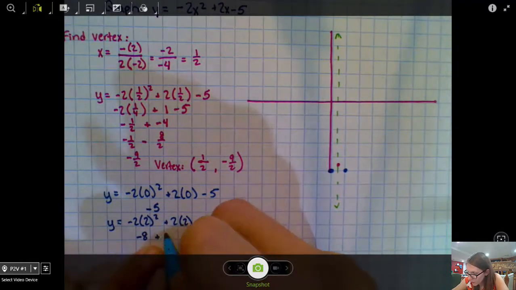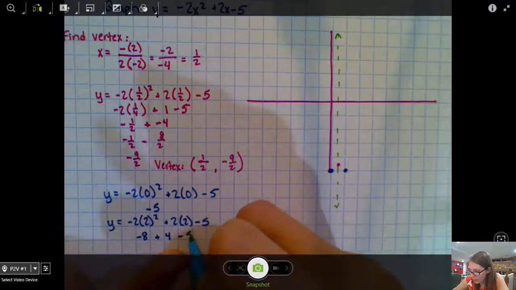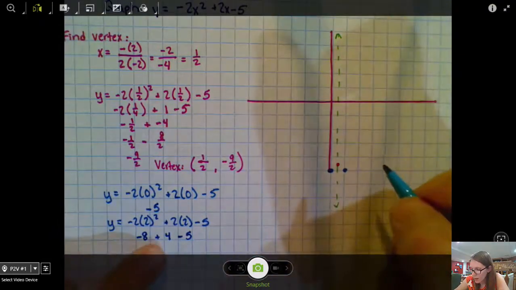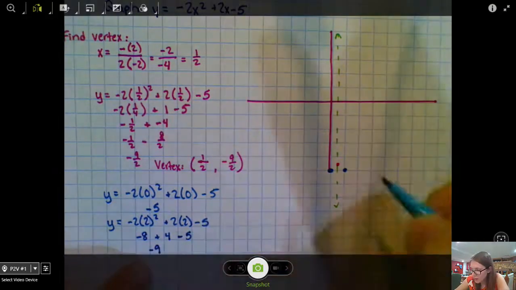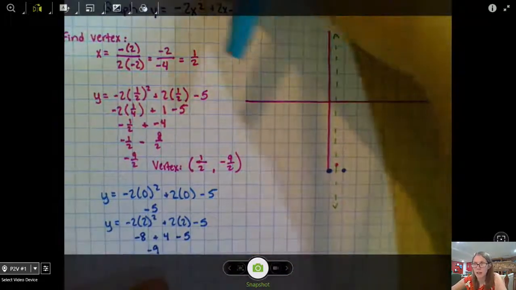Plus 2 times 2 is 4. Minus 5. Negative 8 plus 4 is negative 4. Minus 5 is negative 9.